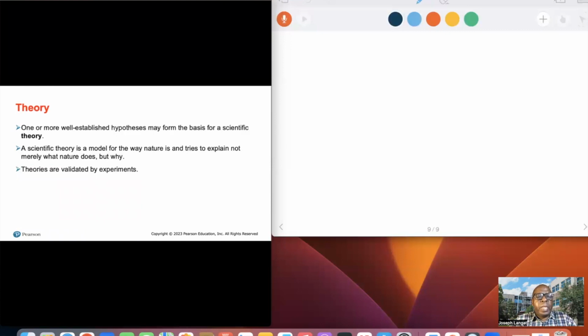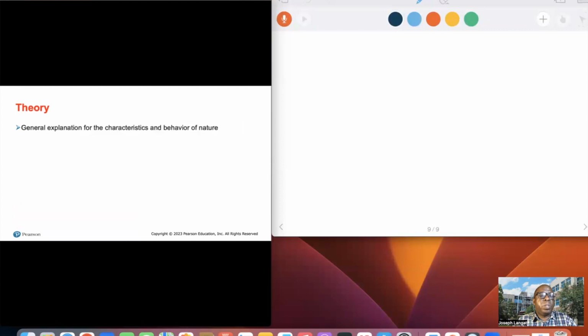Theories are validated by experiments. So how will you know that a theory is valid? By performing the experiment. There is a summary or flowchart for all of what we are just talking about, the general characteristics of the behavior of nature, for theory.